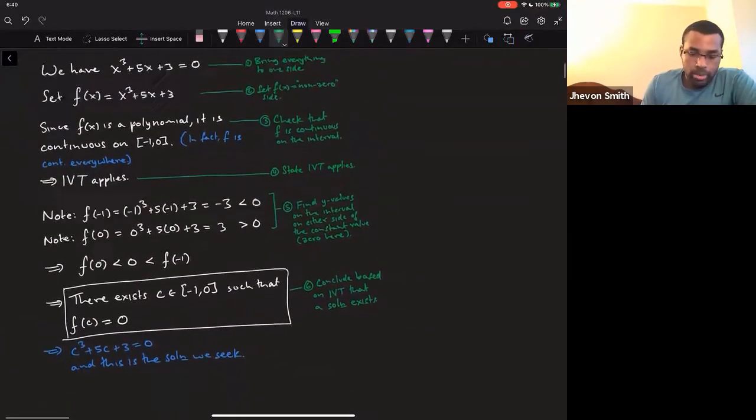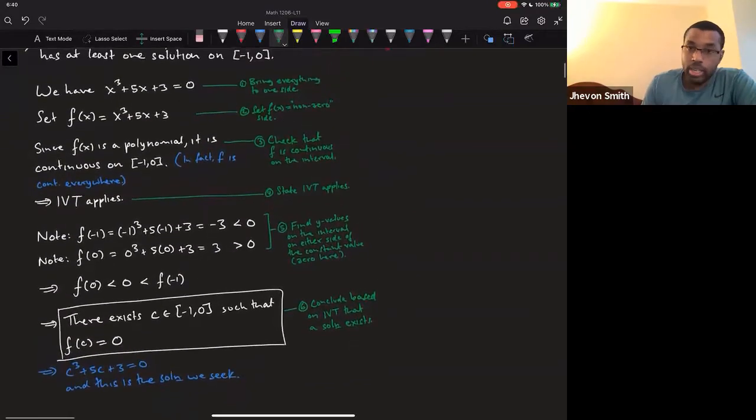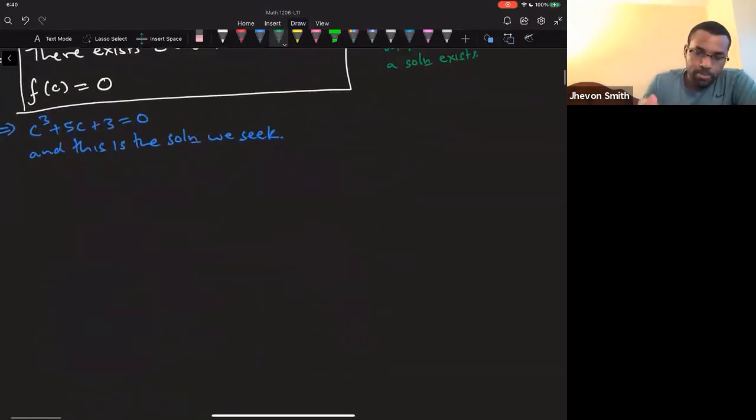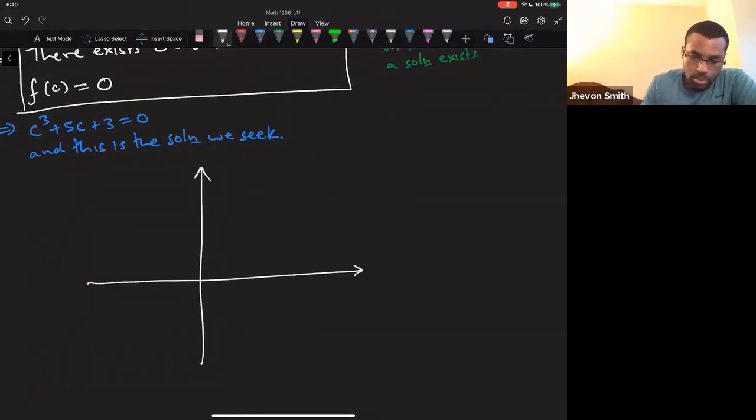So that's what we have here, right? That's showing that a solution exists. So what's going on here is I have my function doing whatever. I don't even know what it looks like, right? This is your f of x.